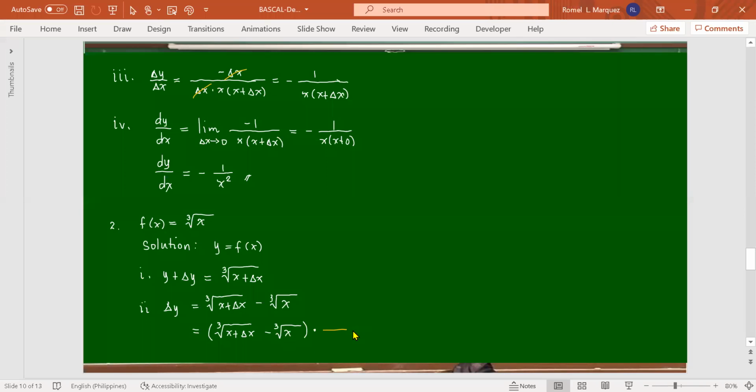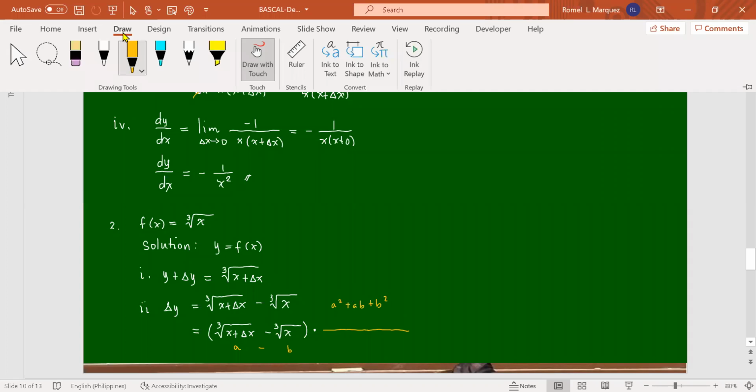So we have to multiply by 3 terms in each numerator and denominator. Yes, that will form a cube minus b cube, no? If this is a minus b, what is our multiplier? A squared plus ab plus b squared, no?